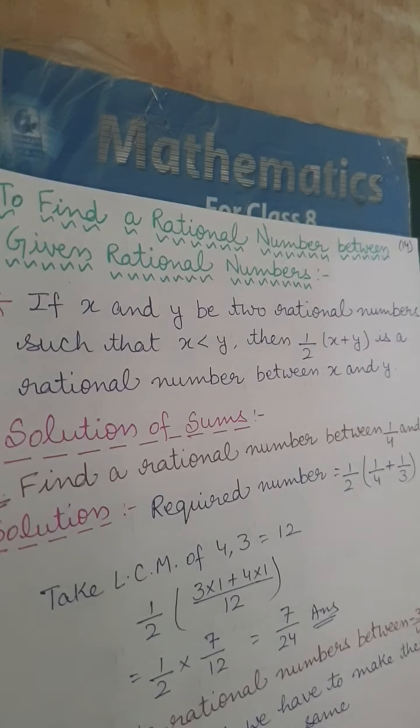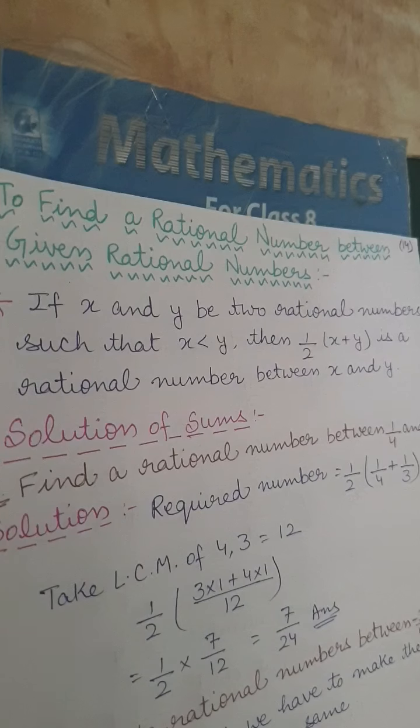What I have said, that if two rational numbers are given and we have to find out a rational number between them, what we have to do? We have to add both the rational numbers and then divide the answer by 2.